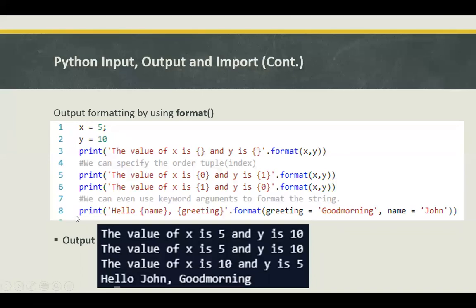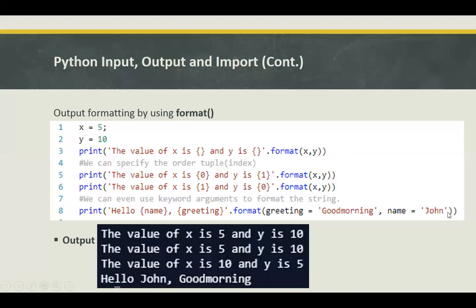And suppose you want to add some message in the statement, like hello name. Here you can write l equal to x and yum equal to y, and if you write l and yum here, it still works. Here you can understand name, comma, greeting.